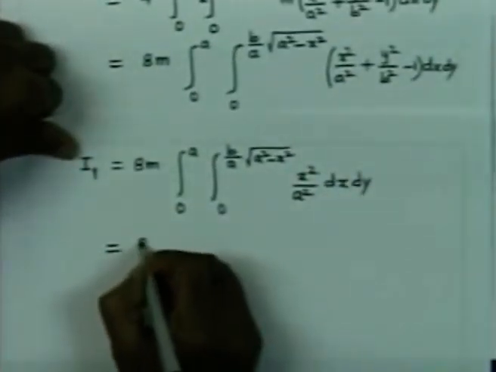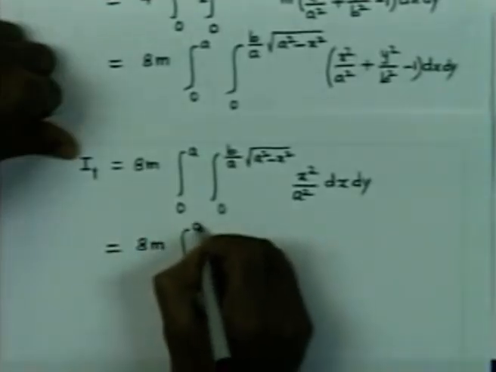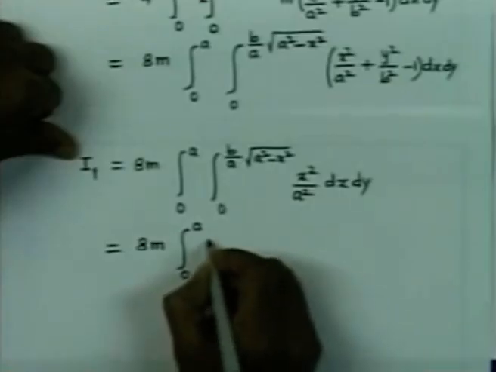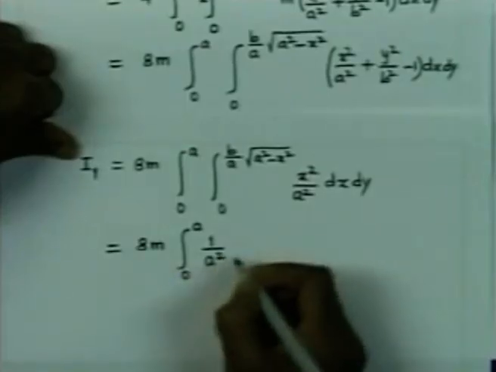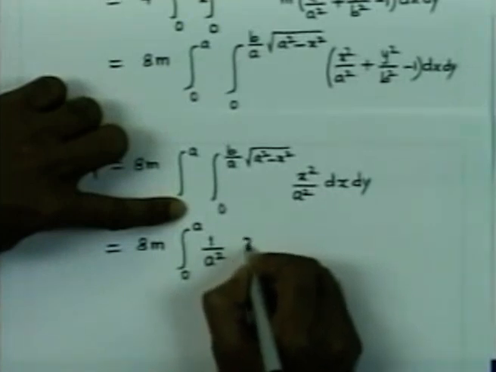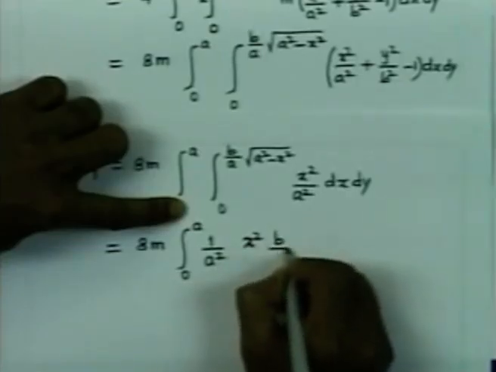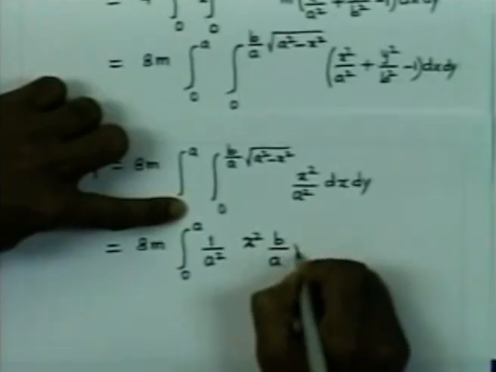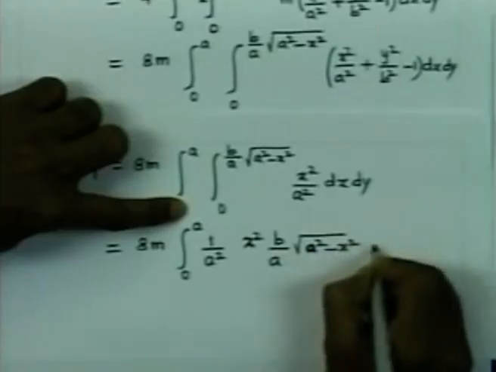So this gives us 8 times m, the integral from 0 to a, of 1 by a square, and now this is going to be x square times b by a root over a square minus x square, dx.